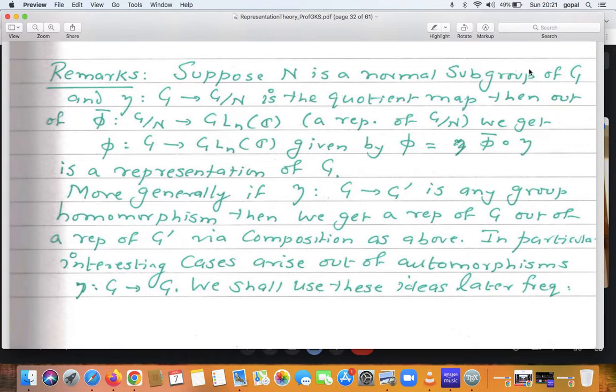Of course, if G is a simple group, then it doesn't have any normal subgroup, and so we can't do this at all. So this process becomes interesting only when G has a bunch of normal subgroups.